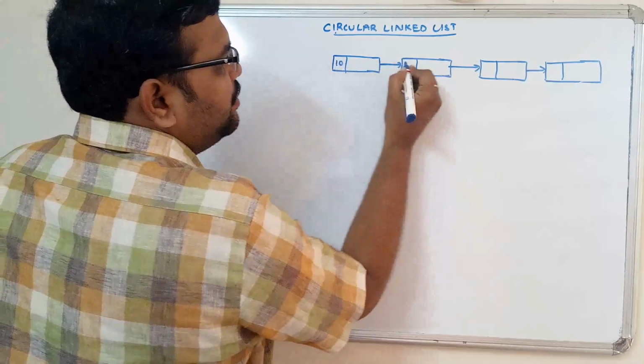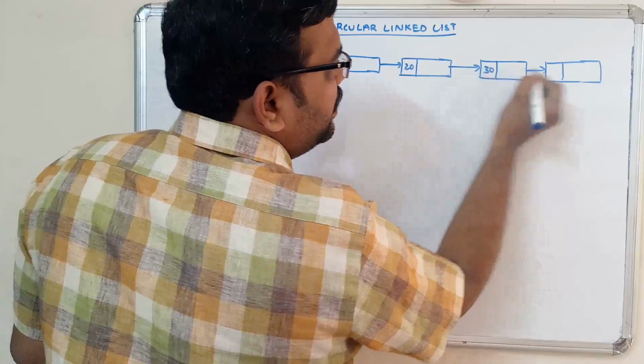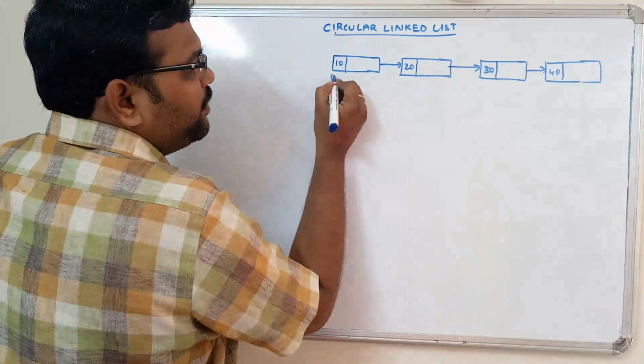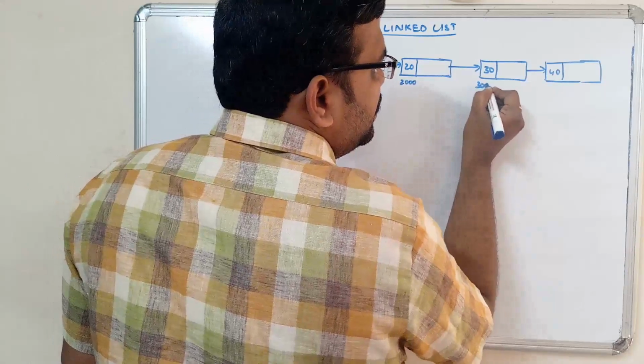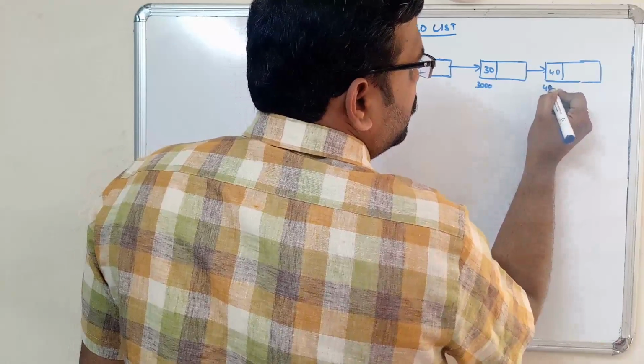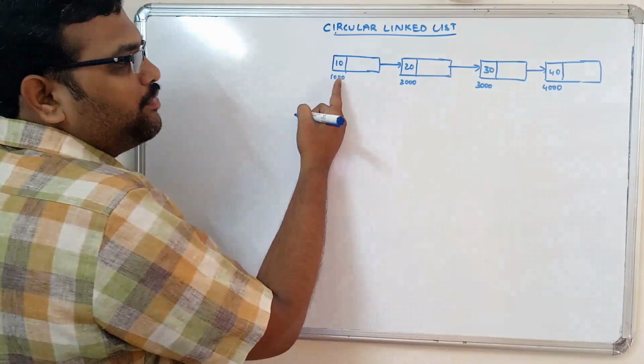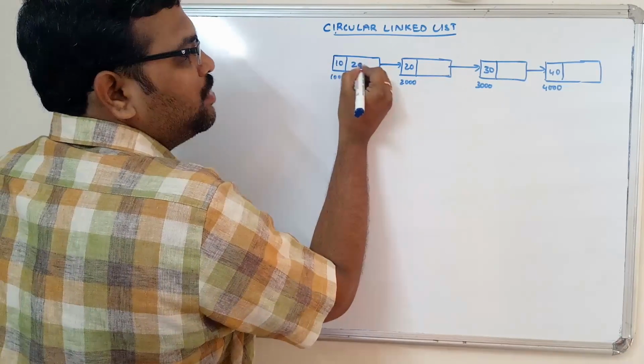So let it be 10, 20, 30 and 40. The address of 10 is 1000, address of 20 is 2000, address of 30 is 3000, address of 40 is 4000.